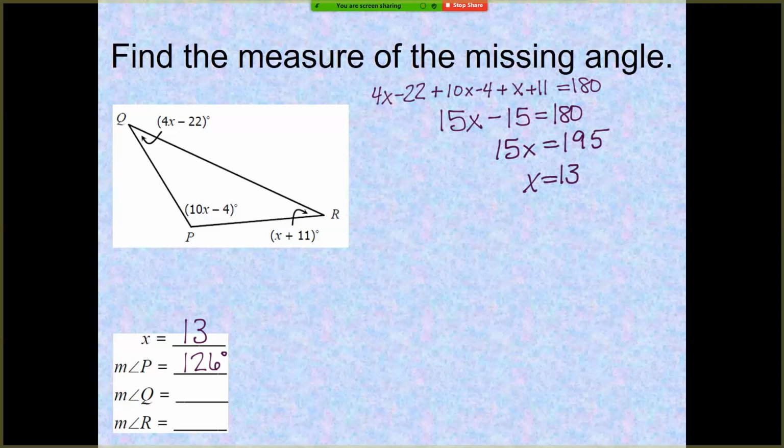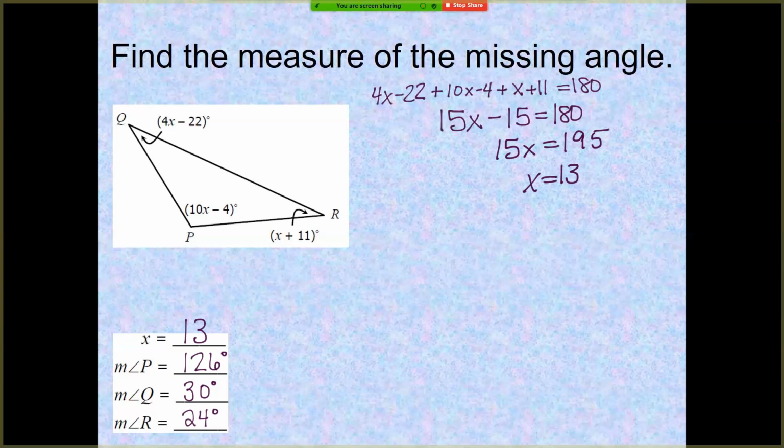For angle Q, we're going to take 4 times 13, which is 52. And then we're going to subtract 22 to get a value of 30 degrees. And then last one, angle R, we're going to take x plus 11. So 13 plus 11 is 24 degrees.